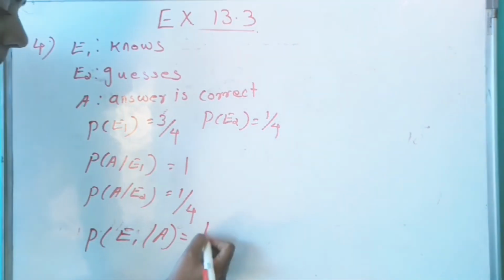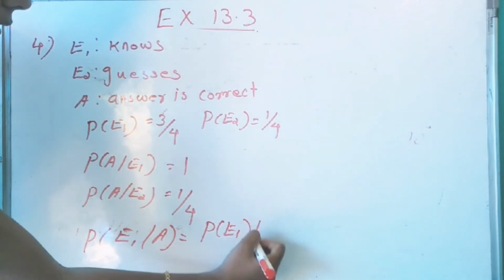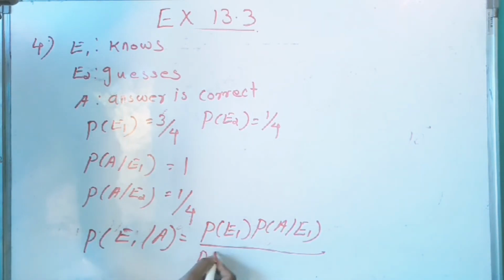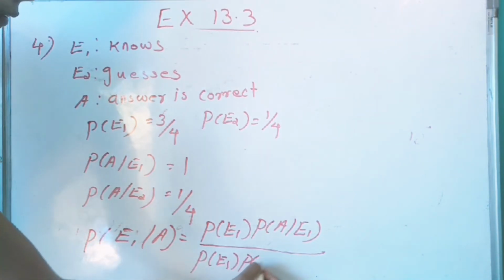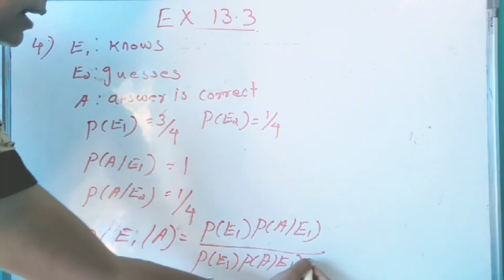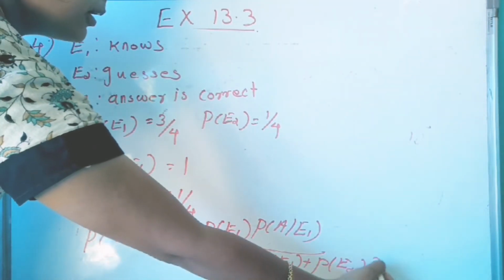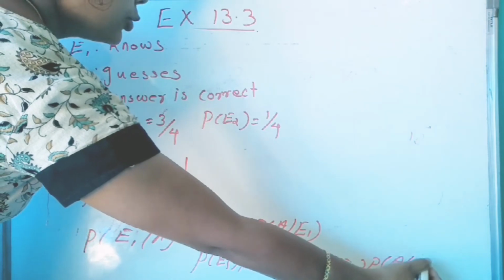P of E1 into P of A given E1 divided by P of E1 into P of A given E1 plus P of E2 into P of A given E2.